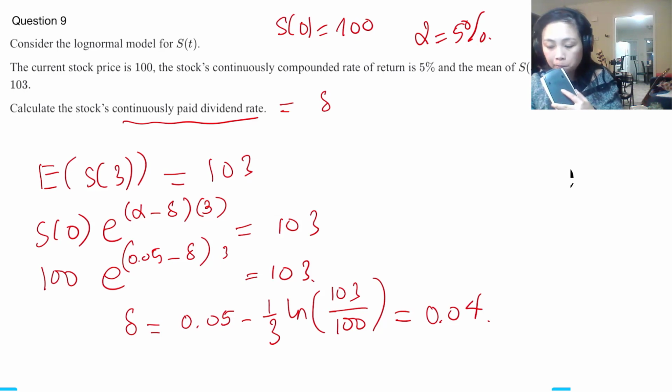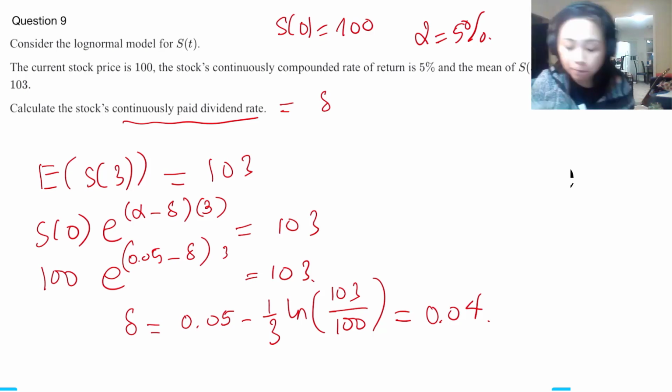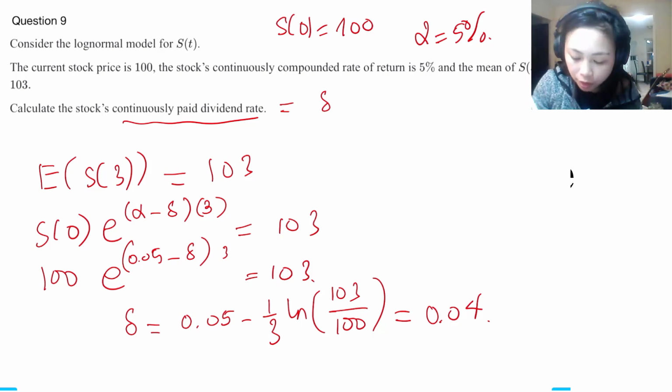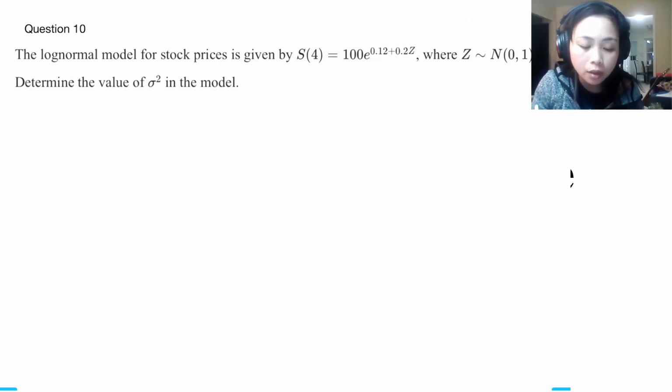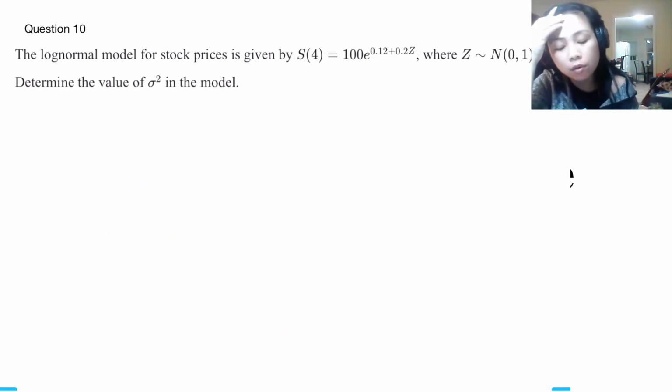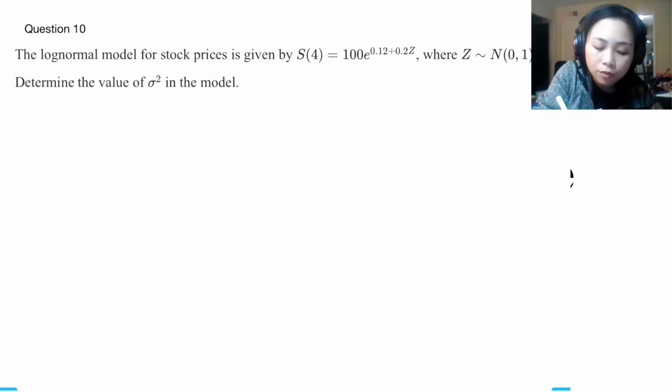So we got S of 4. If we follow this formula, S of 4 is S of 0 e to the alpha minus delta minus sigma squared over 2 times 4 plus sigma square root of 4 times z. See that? And if we match these two equations for S of 4, we got sigma square root of 4 times z is equal to 0.2z, right?